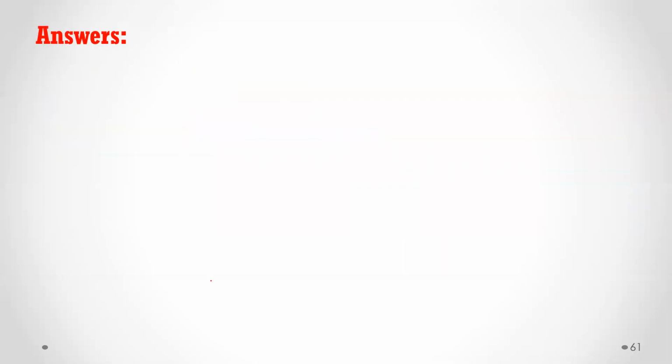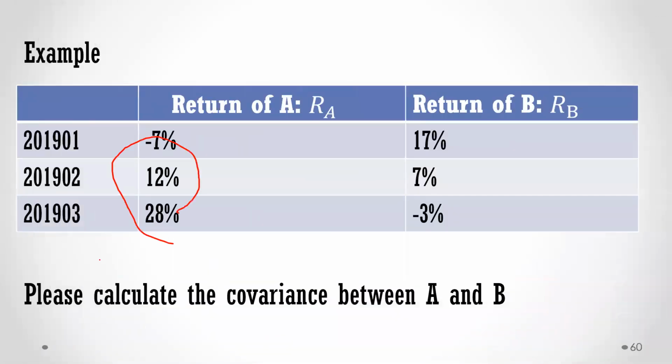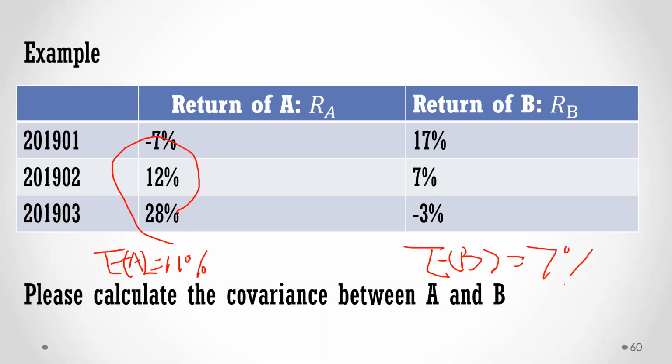Based on the calculation, we know that A is 11%, and the expected return for B is 7%. Then we calculate the deviation for each month.